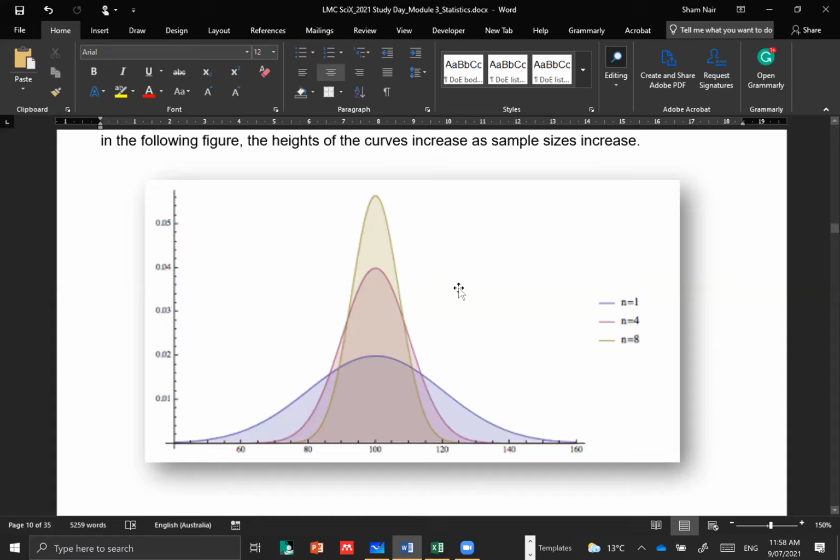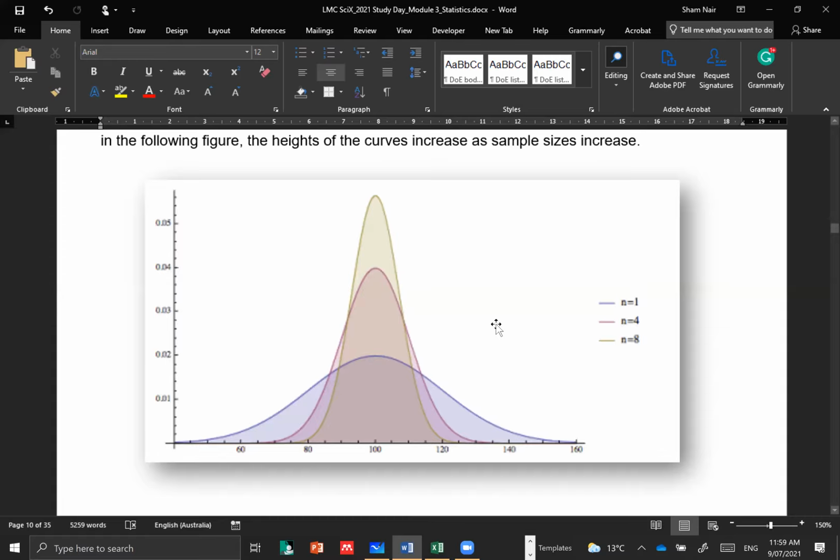So one of the things that you need to know as a science extension student is the way to improve the accuracy of your results. One of the ways of improving the accuracy of your findings is to increase sample size, and the reason for doing that is shown on this graph.